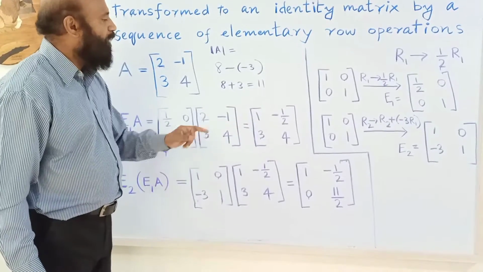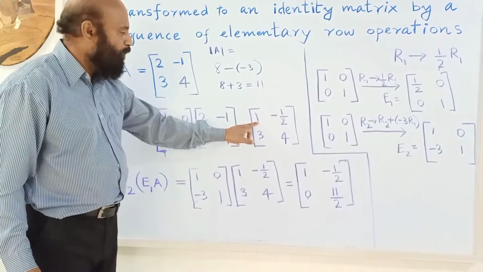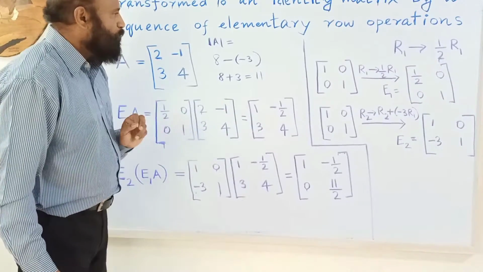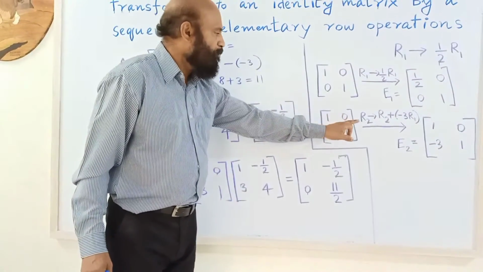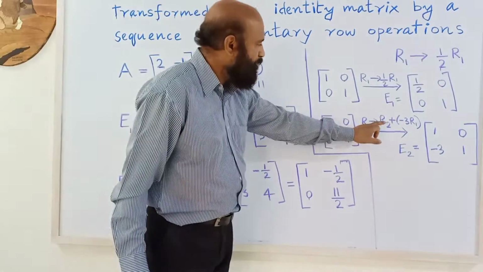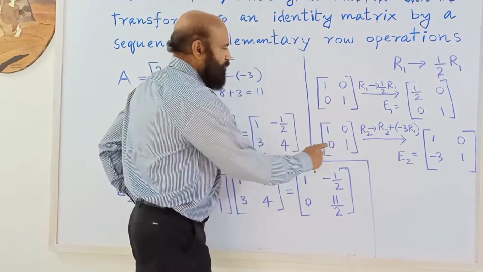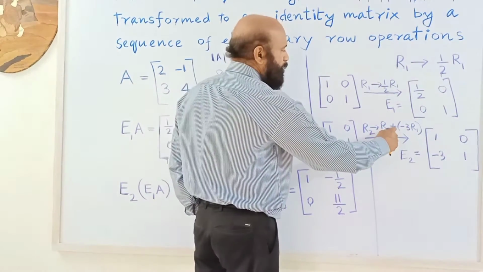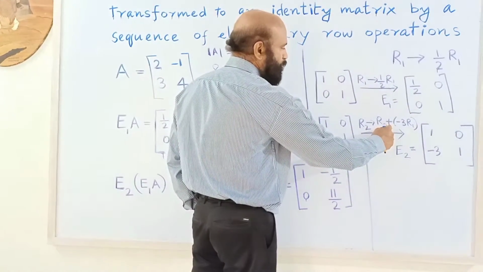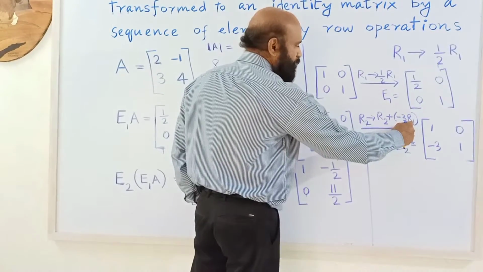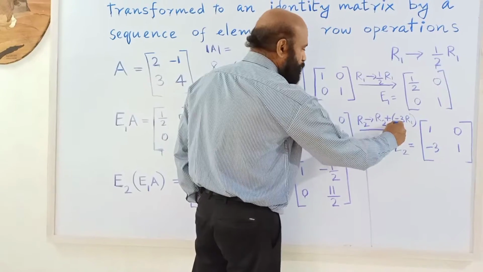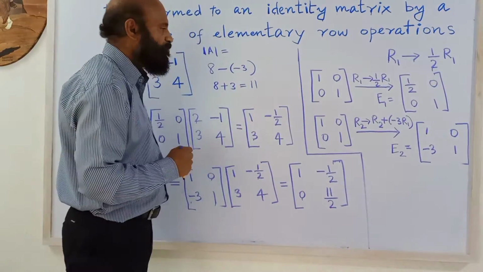Next, for making it an identity matrix, below 1, here it should be 0. So the necessary elementary row operation is this. Elements of the second row are to be replaced by adding to the elements of the second row the elements of the first row after multiplying by minus 3.